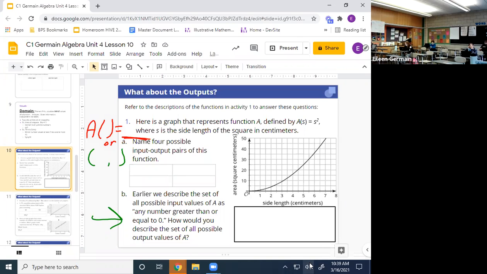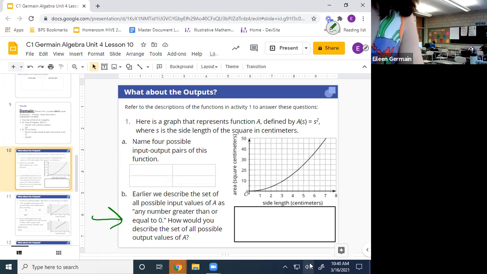Okay, we're going to take another 2, and then we're going to take 10 more seconds to finalize those thoughts. Remember, we can write this in function notation or as coordinate pairs.